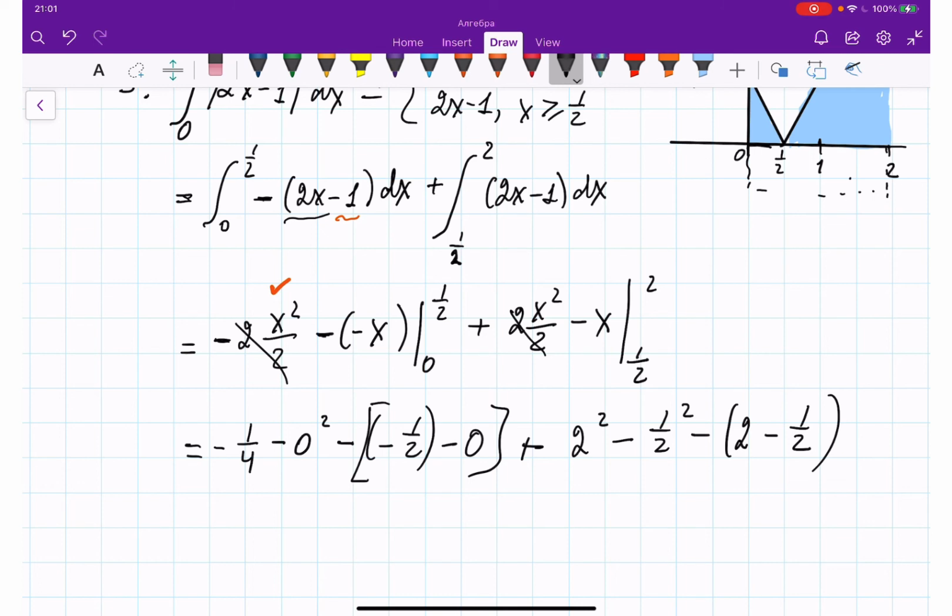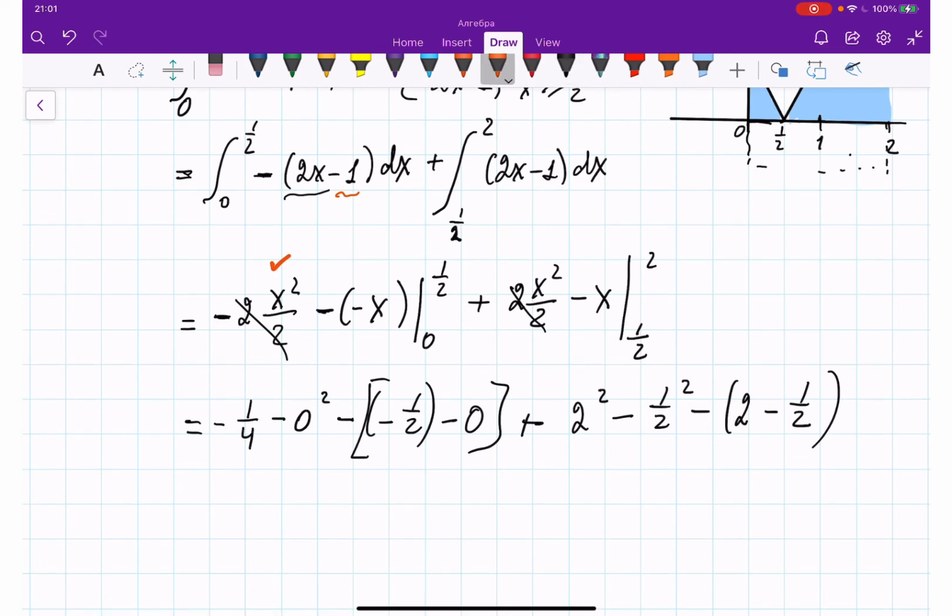Yes? First, we plugged these 2 into x squared, this one and then this one. Yes? And then we are plugging these 2 into this x. Okay? All right.